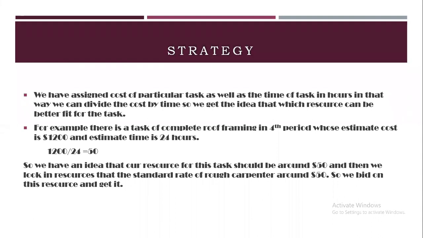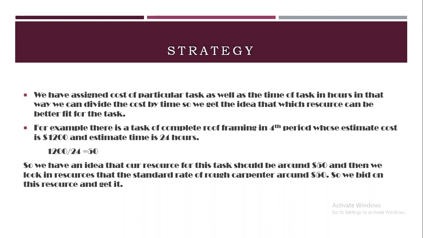Let us talk about our strategy. Which strategy did we implement during our project? We noted the cost of a specific task as well as the time of the task in hours. For example, this task will be completed in this amount of time, so we divided the cost by the time so that we get an idea which resources could be the best fit for this task. For example, in period 4 there is a task of complete roof framing whose estimated cost is 1200 and estimated time is 24 hours.